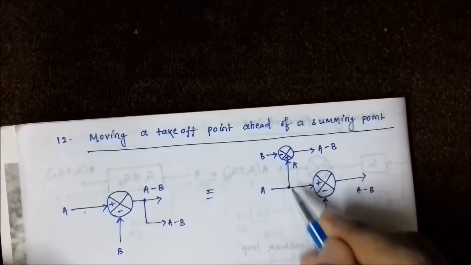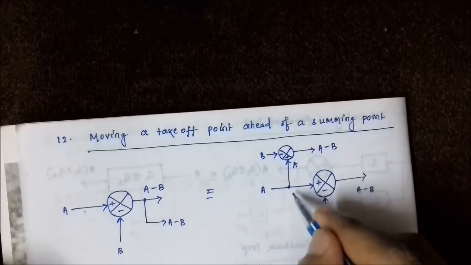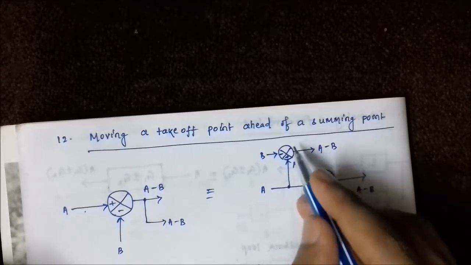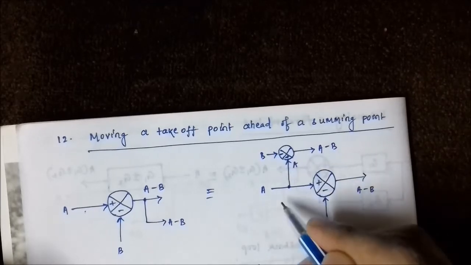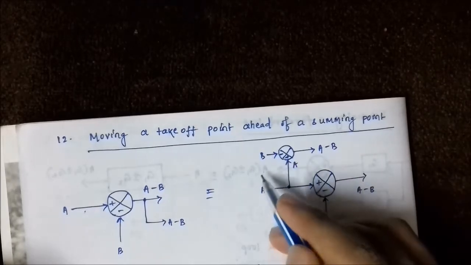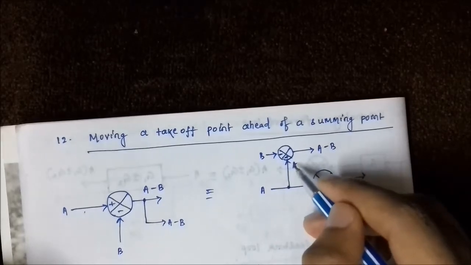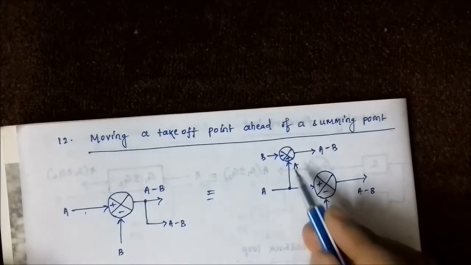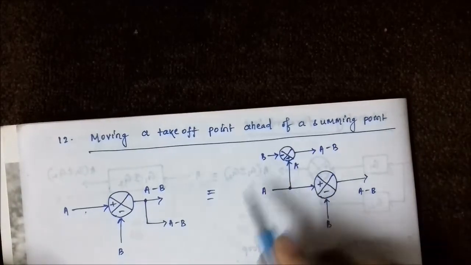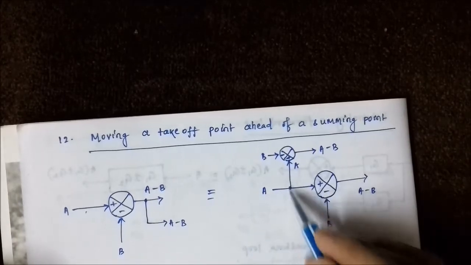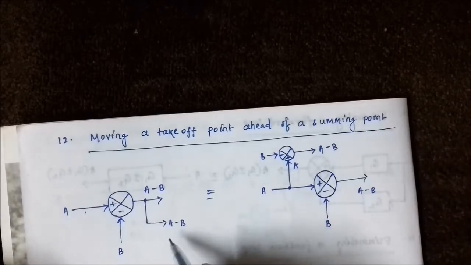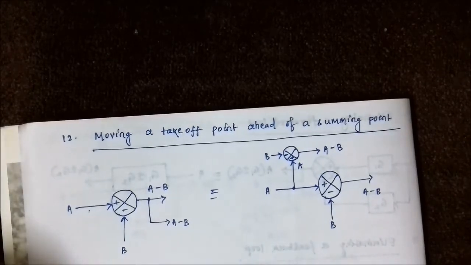In order to get a value A minus B, we take the signal from the takeoff point, whose value is A. So we need to add another summer, a negative positive summer, and give the value B here, so that we get A minus B. We just added another negative positive summer, gave it the signal value B, took the signal A from this takeoff point, and got the signal A minus B, which is the same as the takeoff point signal value. So there is no alteration in the signal values.